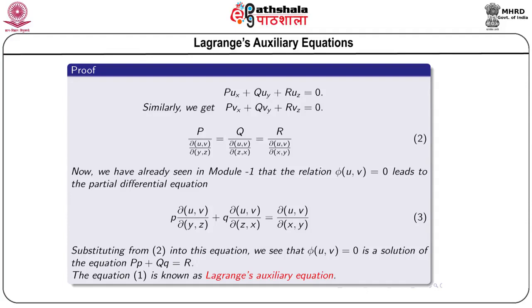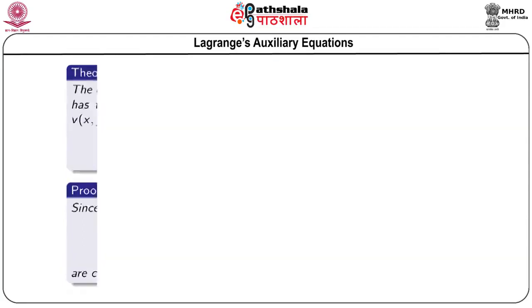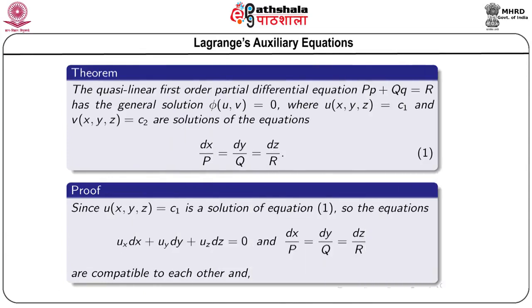Now, substituting the values of the Jacobians from relation 2, we will get that phi(u, v) equals 0 is a solution of the equation Pp plus Qq equals R, and equation 1 is known as Lagrange auxiliary equation.